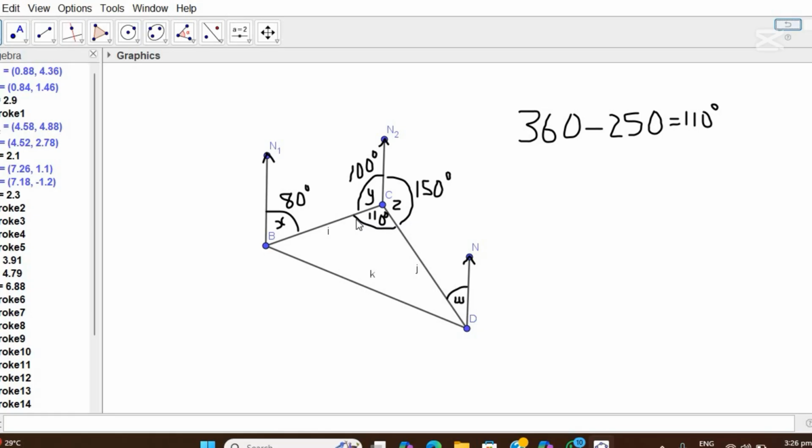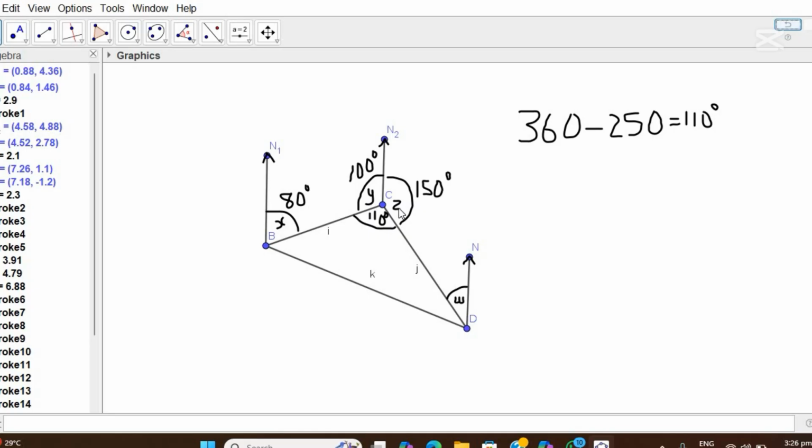So reviewing the two properties that we just looked at. Angles between north lines: because our north lines are parallel, the angles formed in between them are co-interior. So their sum, angle X plus angle Y, is 180 degrees. Angle Z plus angle W is 180 degrees.